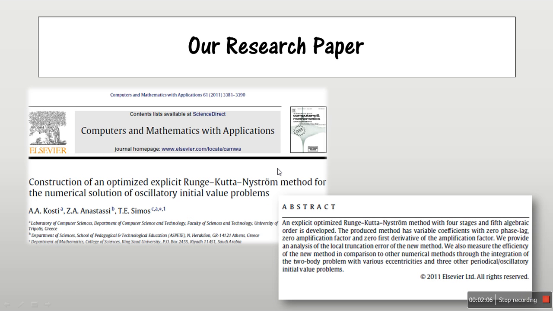So our research paper is about the construction of an optimized explicit Runge Kutta Nystrom method for the numerical solutions of oscillatory initial value problems, where the abstract we discuss in this slide.